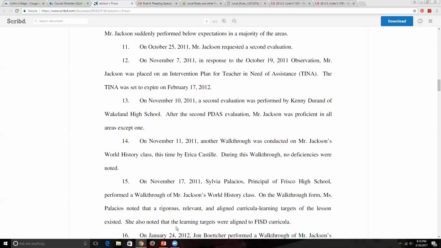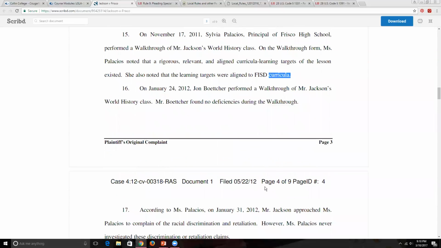She also noted that the learning targets were aligned to Frisco ISD curricula. Were aligned is passive voice. Better to say, she also noted that Mr. Jackson had aligned the learning targets to Frisco ISD curricula. By the way, this is the plural of curriculum because it's a Latin term. The UM ending becomes an A when it's made plural.